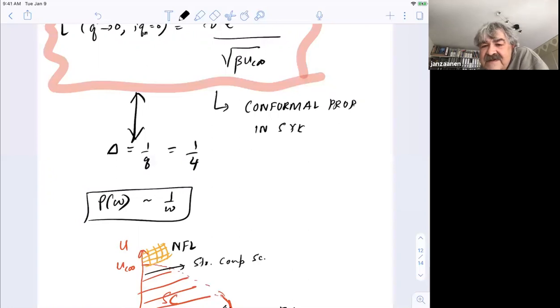In the Fermi liquid you have a fixed point, and the fixed point is the Fermi gas. In the Fermi gas you have your perfect momentum state, your perfect Fermi surface, you start counting there, and there you get the Luttinger theorem automatically.